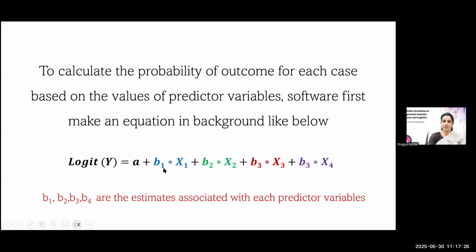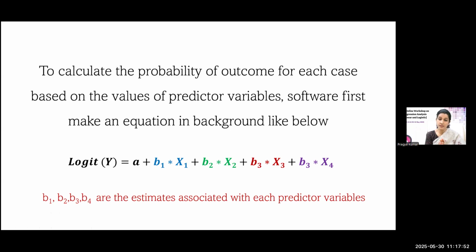It makes these equations, and this beta 1, b1, b2, b3, b4 are estimates associated with each predictor variable, and it runs that many times, and then finally it selects the one nearest to the actual one, the predicted probability, and that is known as the maximum likelihood estimation technique.